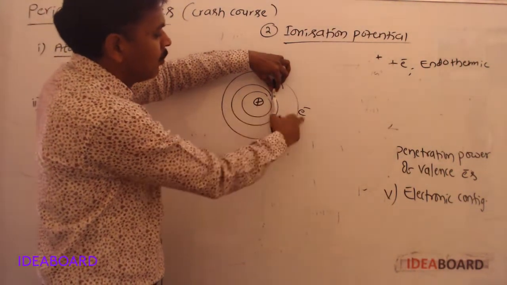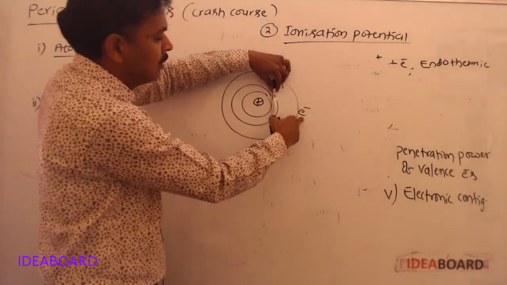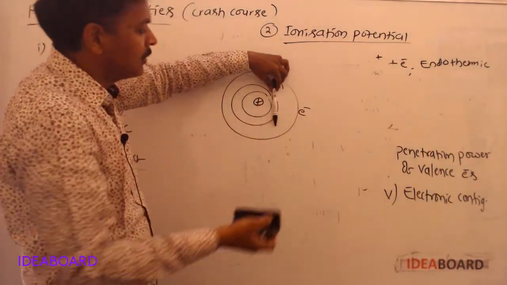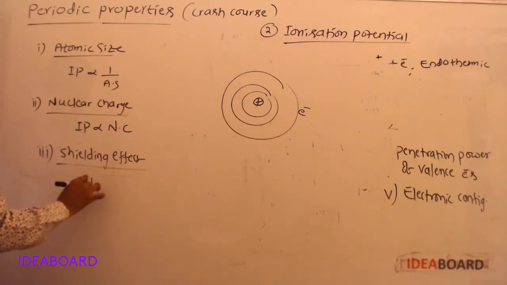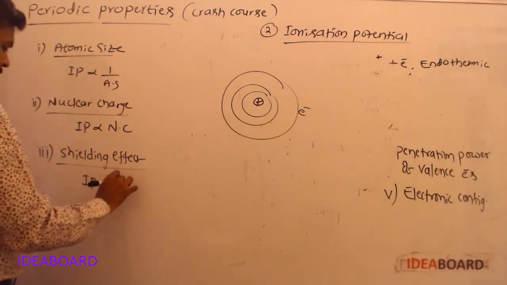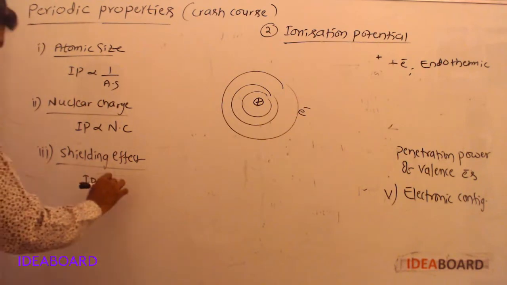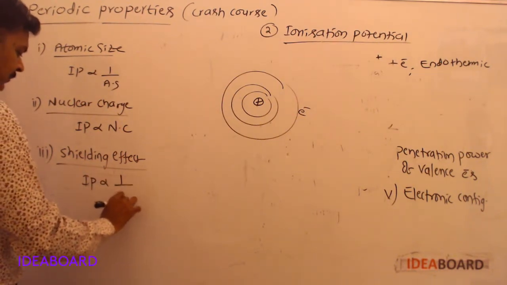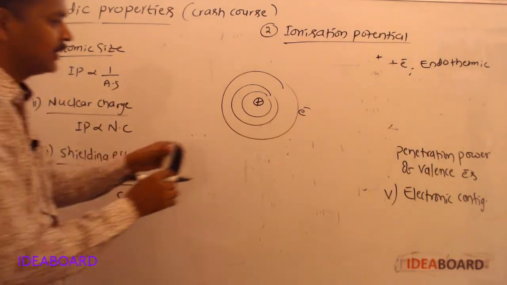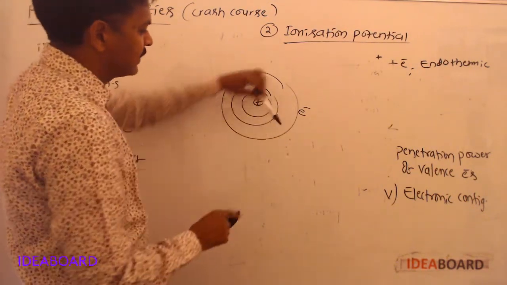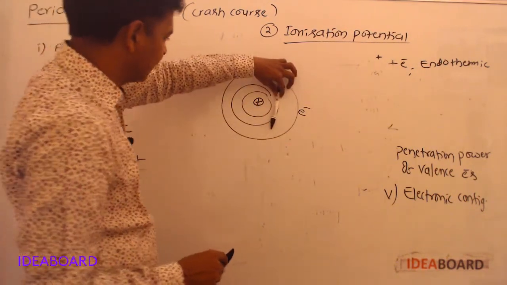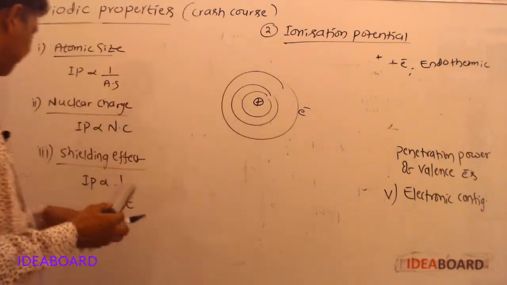Then this attraction will be more. This attraction more means more energy will be required. So IP will be more. So IP is inversely proportional to shielding effect. Shielding effect more means IP will be less. Shielding effect less means IP will be more.